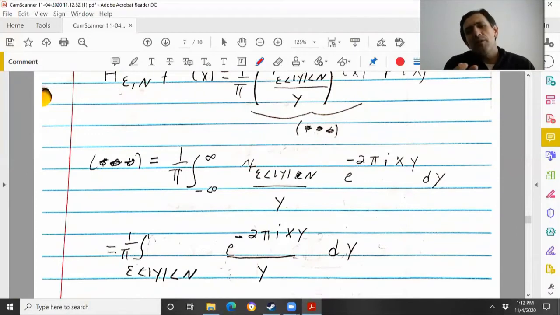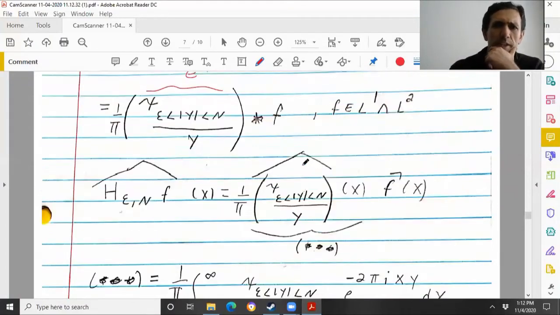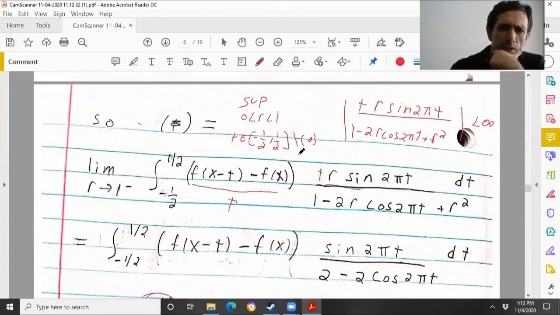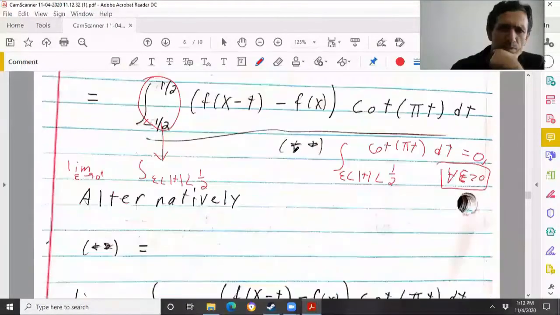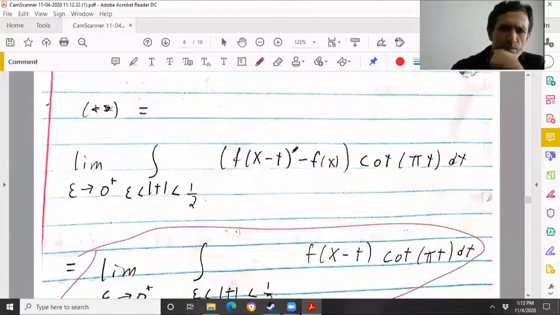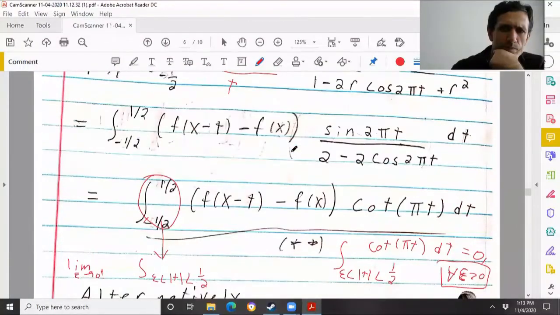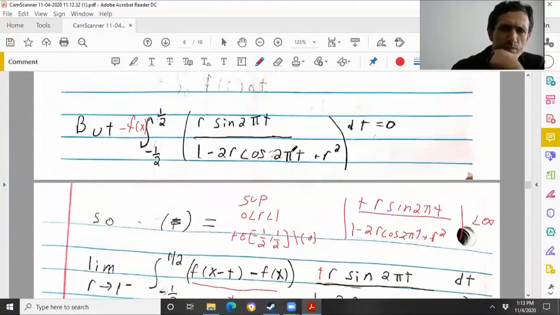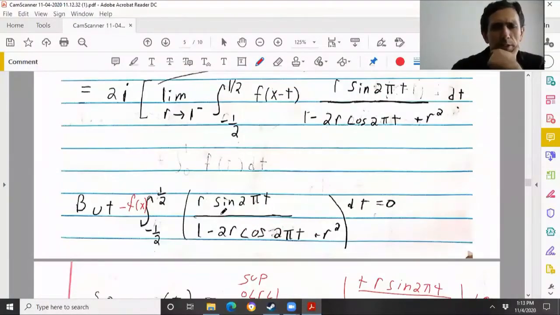In the case of what we did before, dealing with it was pretty easy, thanks to this kind of trick here that this is 0.